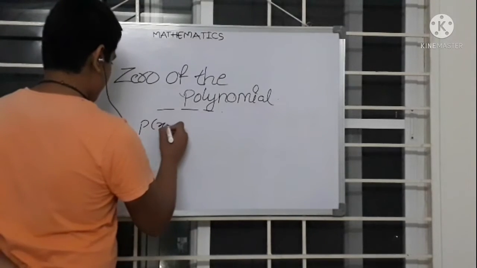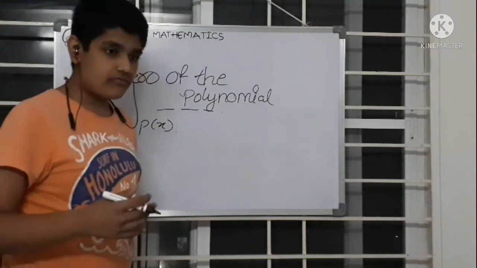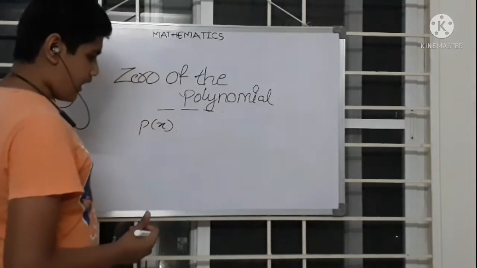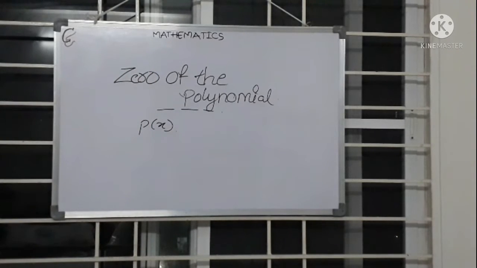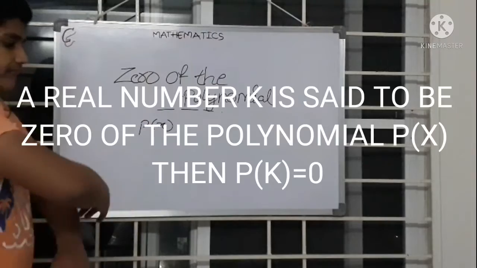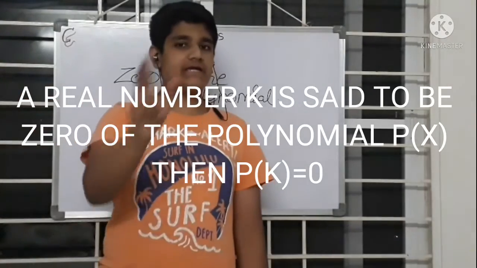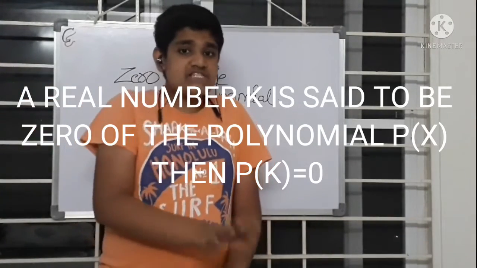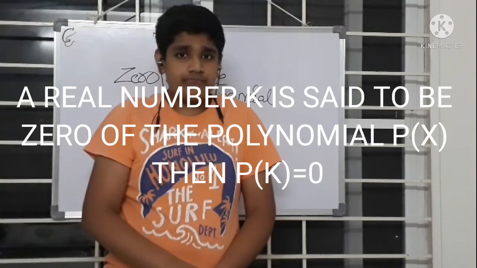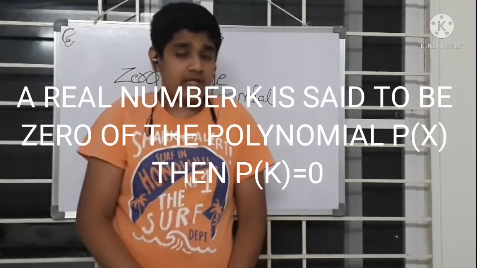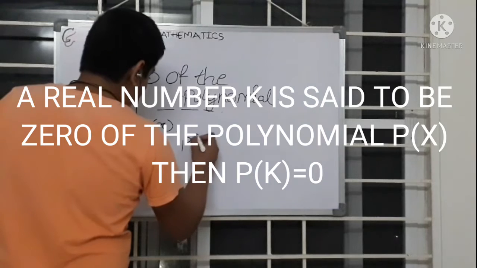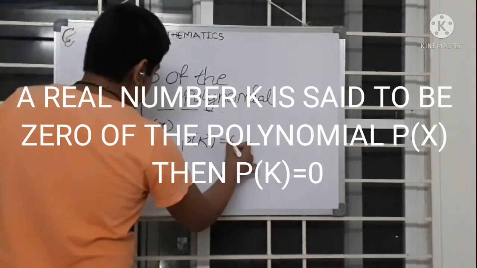Now, P of x. A real number k is said to be a zero of a polynomial if P of k is equal to 0.